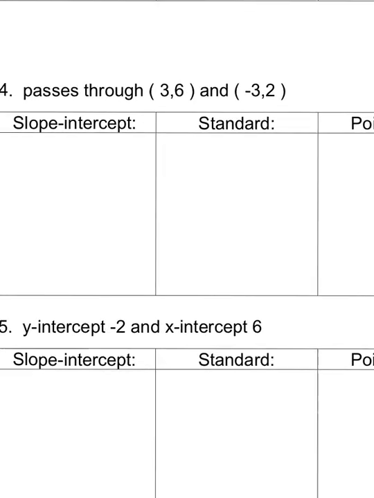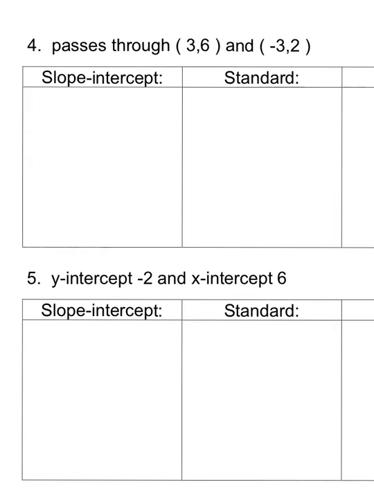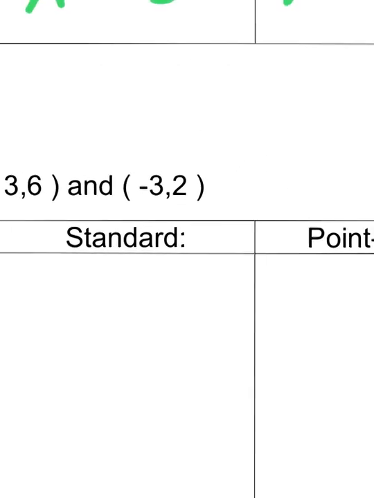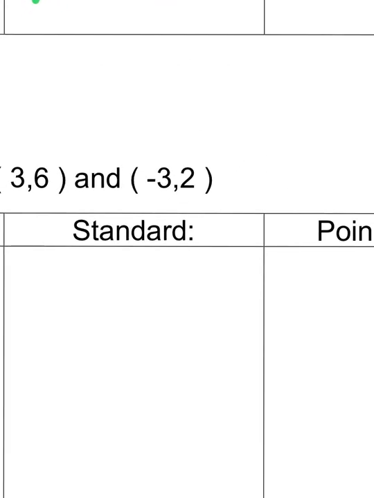Let's look at number 4. Number 4, they give us 2 points. So we know when we're doing slope-intercept, standard, and point-slope form, we need a slope. How do we find the slope between these 2 points? To find the slope, we are going to use the slope formula.